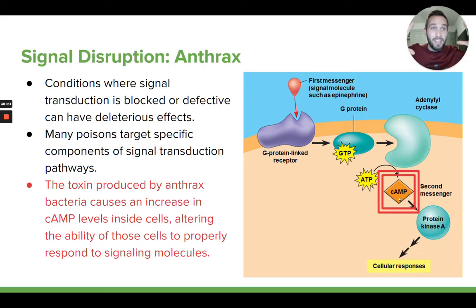And so this toxin causes cAMP to be overproduced inside of your cells, which then ruins the ability of a cell to respond properly to signaling molecules, because there's too much cAMP being produced, or there's cAMP being produced when there's not supposed to be. So then your cells start doing weird things when they're not supposed to be doing those things, and it's bad. And that's why it's toxic and can kill you. It's going to mess up important cells and how they're functioning.